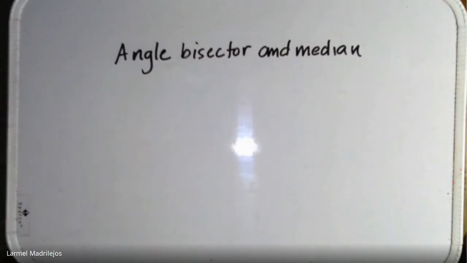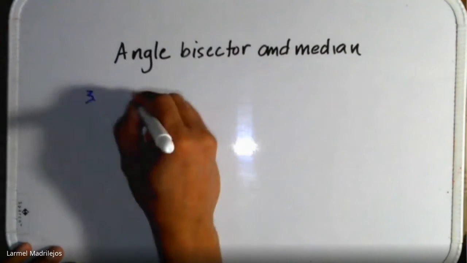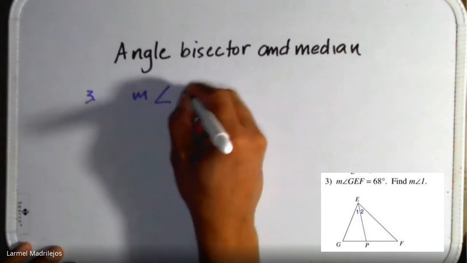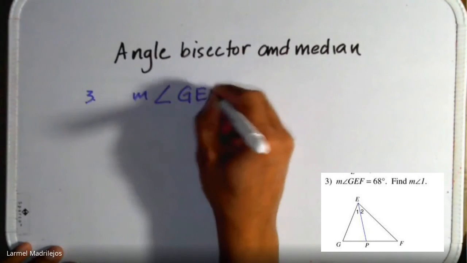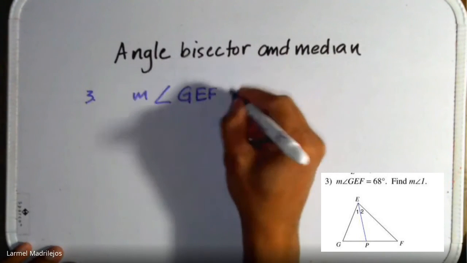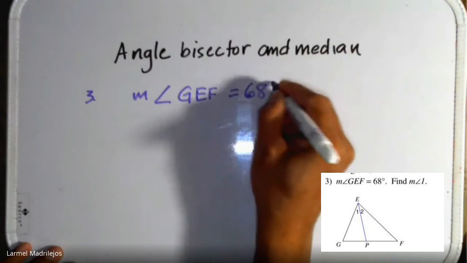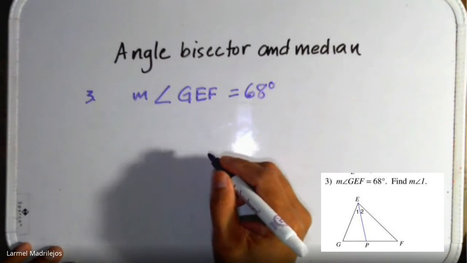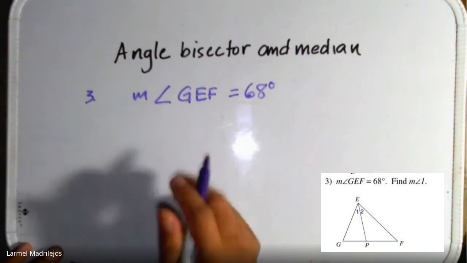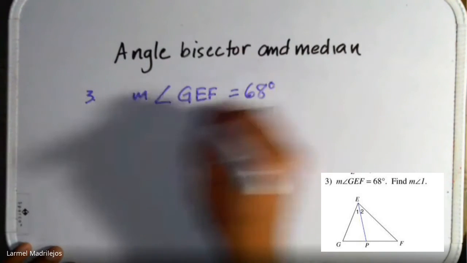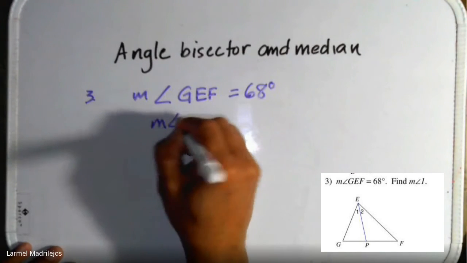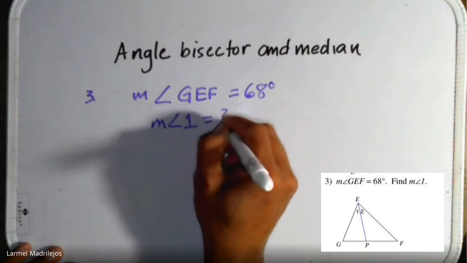Question number 3. If measure angle GEF is equal to 68, looks like that's the total. Find measure angle 1.